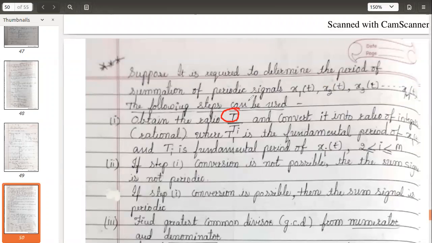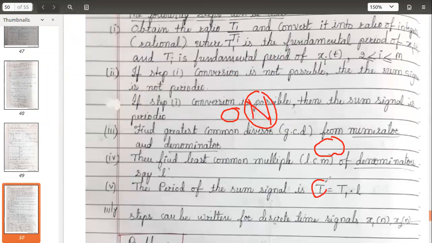T will be replaced with capital N. Wherever the signal is small t, write small n. Wherever capital T is there, write fundamental period N. That's it. Here also T is replaced with N. In all the other steps, whatever the wordings are, everything will remain the same. I think you can do it by yourself.